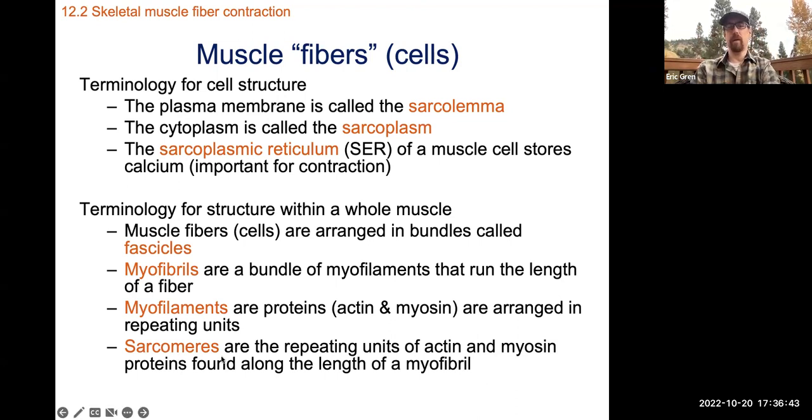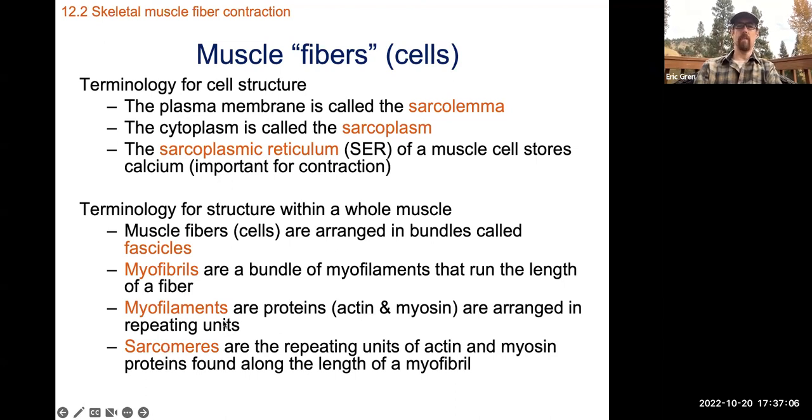We're going to see what that looks like here in a second. If we end up lining sarcomeres up end to end, right? You make a whole chain of sarcomeres attached end to end. What you end up with is called a myofibril.